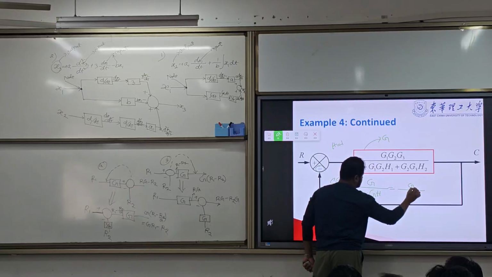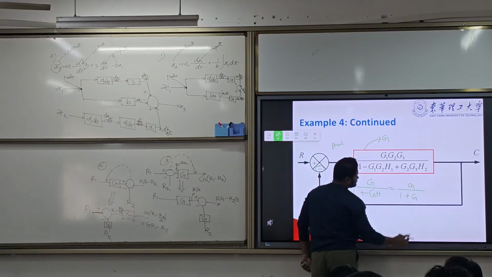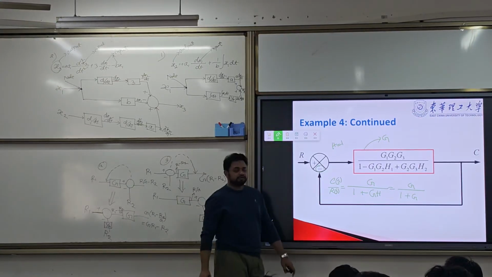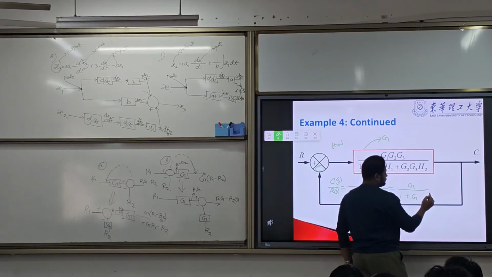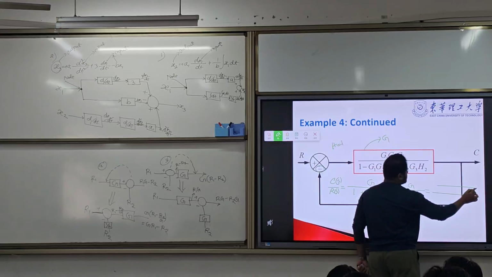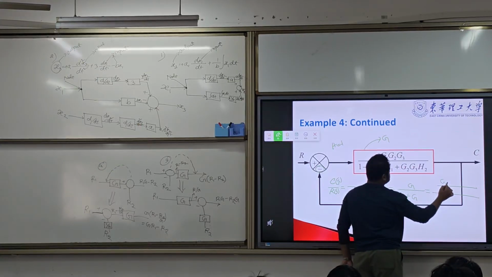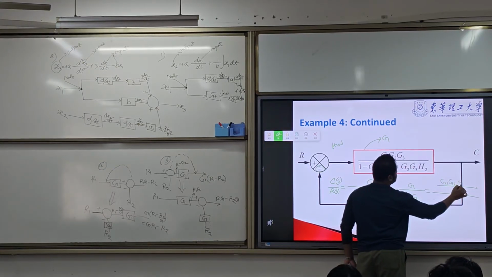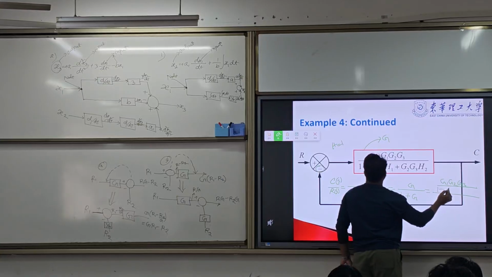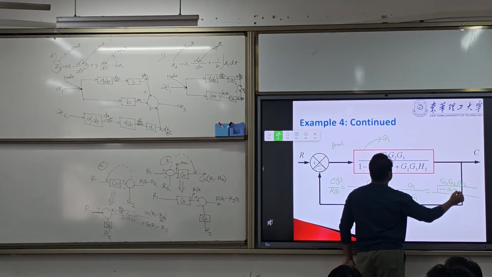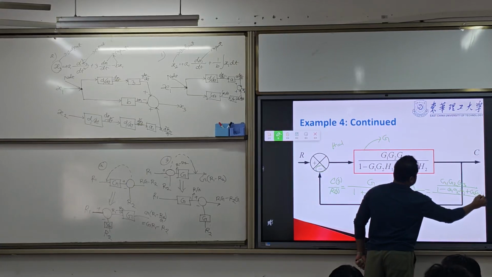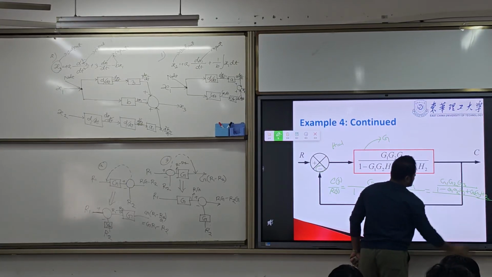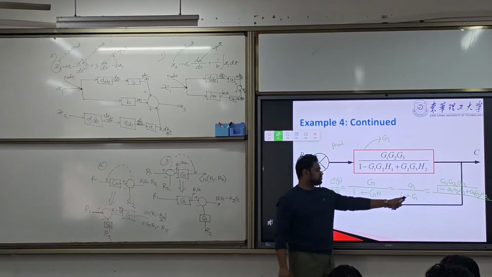So it is just like this, 1 plus G. So now you solve that. What is G? G is this G1, G2, G3, 1 minus G1 G2 H1 plus G2 G3 H2, and then here 1 plus G.